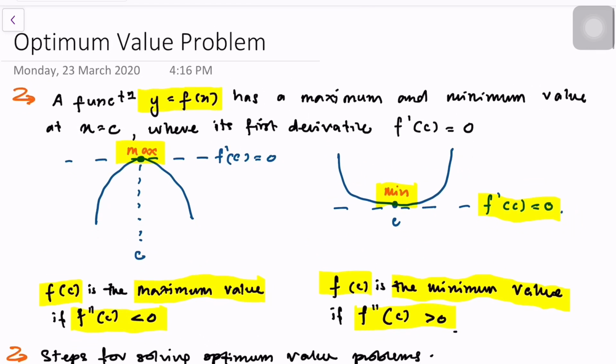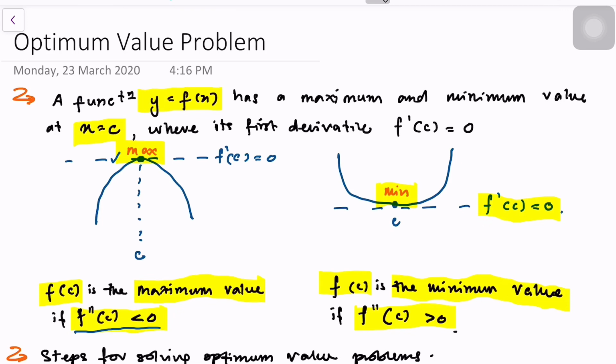So let's say that we have a function y equals to f(x), and this y equals f(x) has a maximum or minimum value at x equals to c, where its first derivative f'(c) is equals to 0. Therefore we can say that we are going to have a maximum point at c if f''(c) is less than 0.